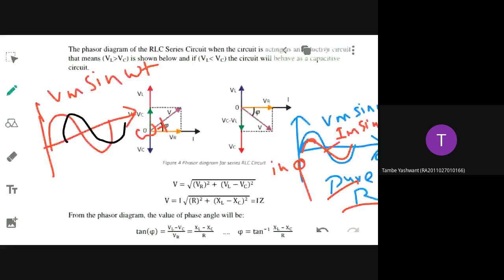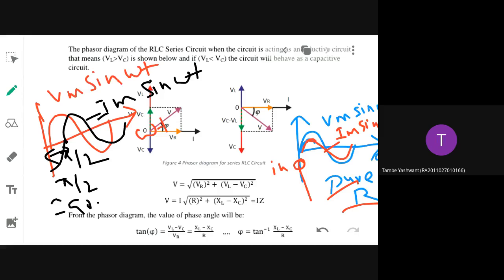Yes, ma'am, like this. Right? So this is my current Im sin omega t. So this phase difference is pi by 2, that is 90 degree lag. Okay, understood?